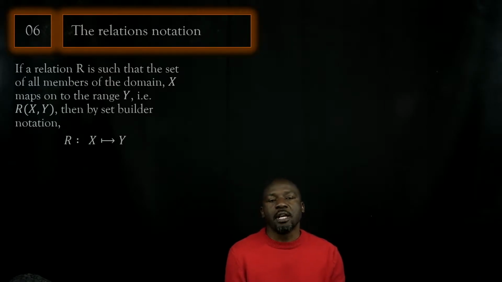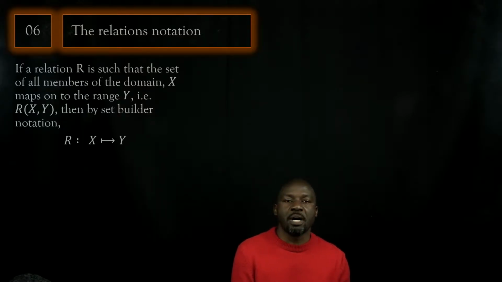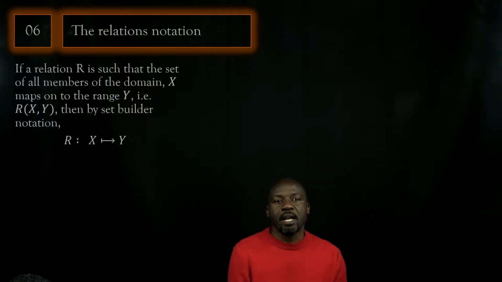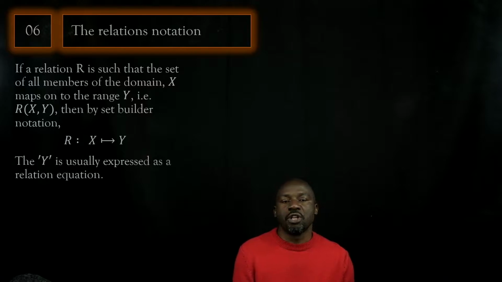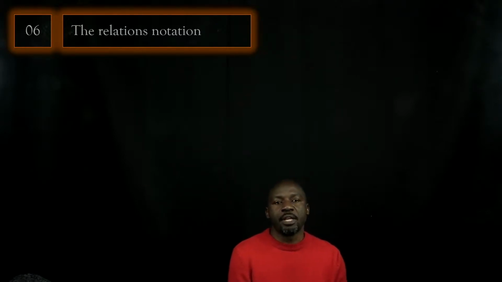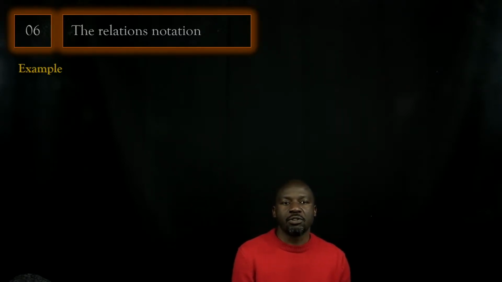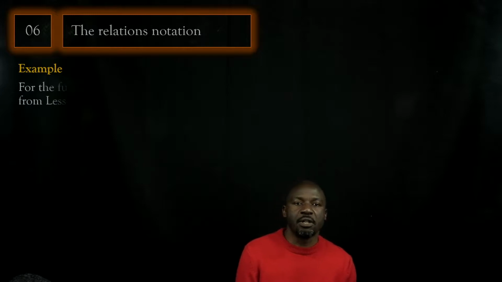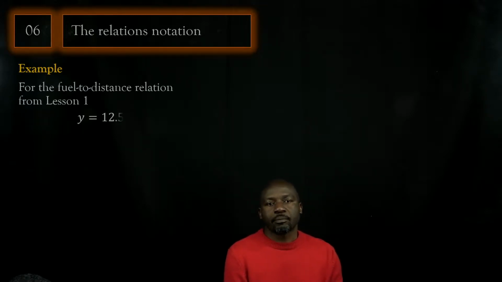So this means that for a relation R, x can be mapped onto another rule y, okay? And the rule y is usually expressed in the form of an equation. I think I gave an example with the case of a car that consumes 8 liters for every 100 kilometers, all right?